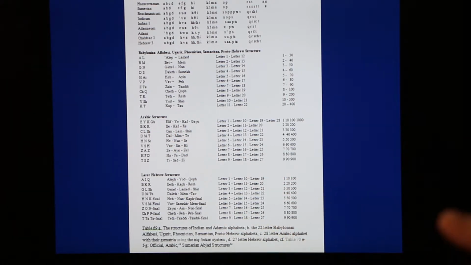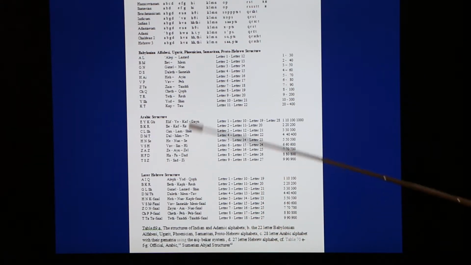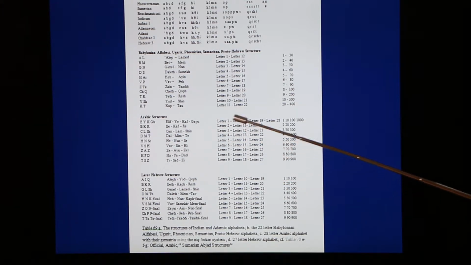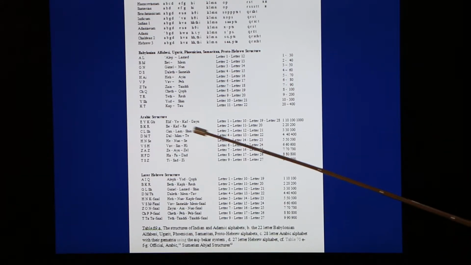And then because we're not dealing with a 22 but a 28 letter alphabet, I can add the final letter, which is GH. So I get 1, 10, 19, 28, which gives me the gematria values of 1, 10, 100, 1000.